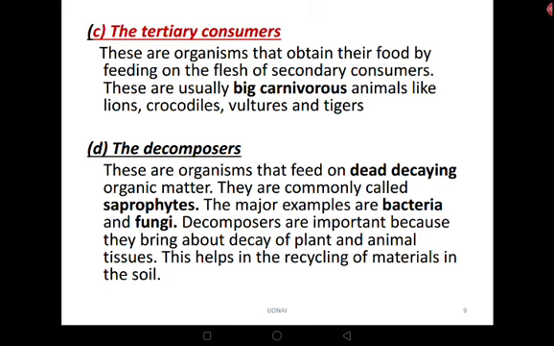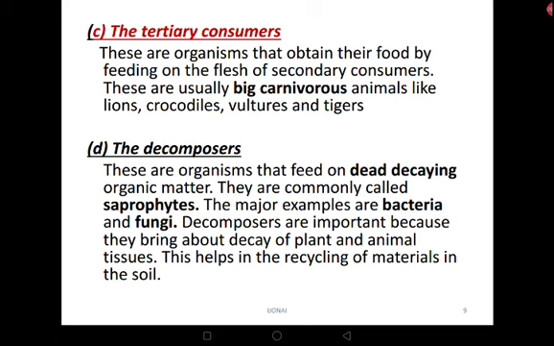And these are organisms that feed on the dead, decaying organic matter. Remember, the primary consumers, the secondary consumers, and the tertiary consumers all will die at one point, and they will decompose. So organisms that feed on them when they are decomposing are called decomposers.